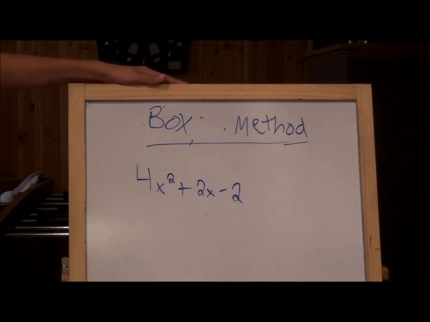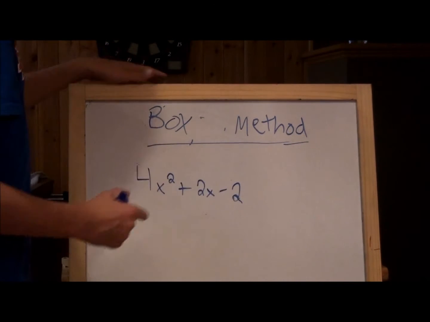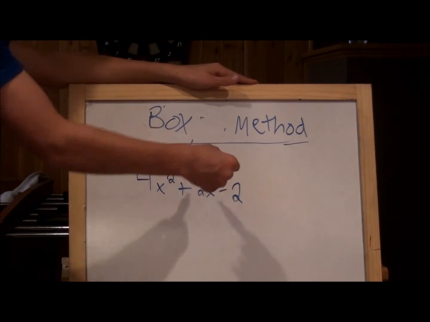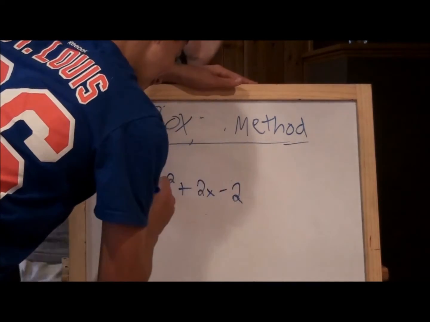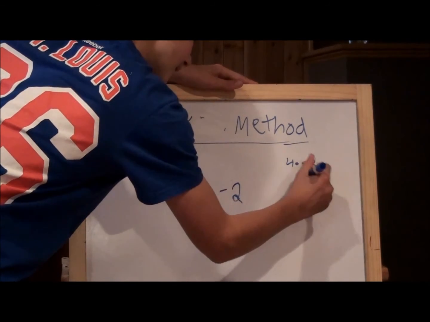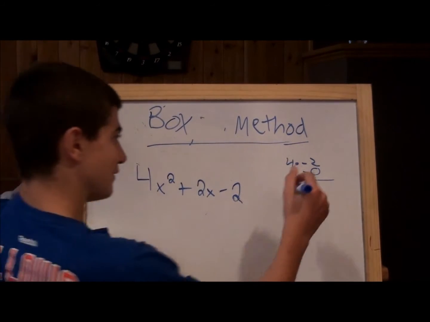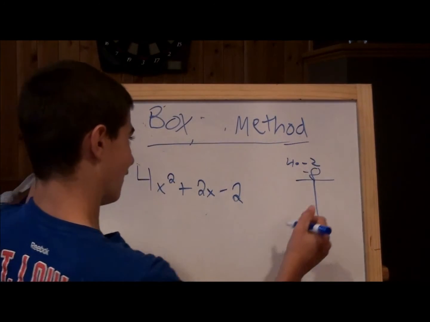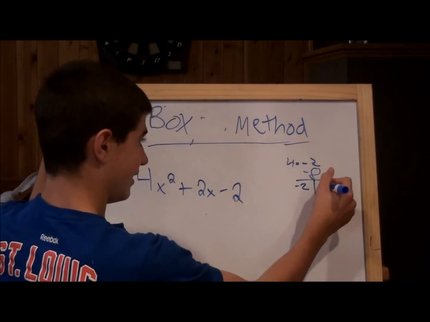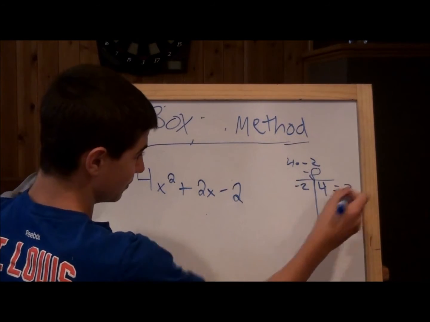As our buddy over here was saying, you have to multiply these two to find factors of what you get that equal this. So we multiply 4 times -2, and that equals -8. So our factors of -8 are -2 and 4. If you add -2 plus 4 equals 2.